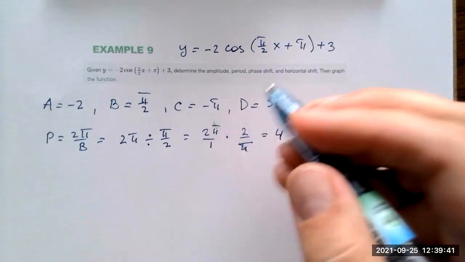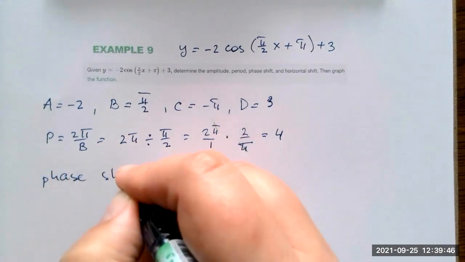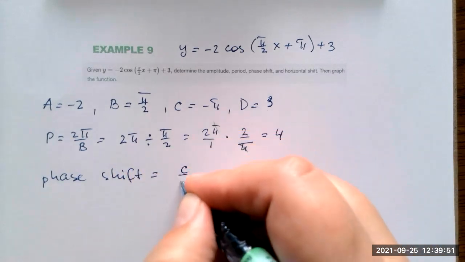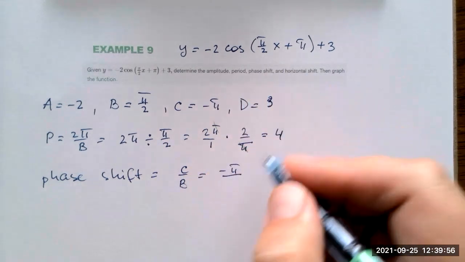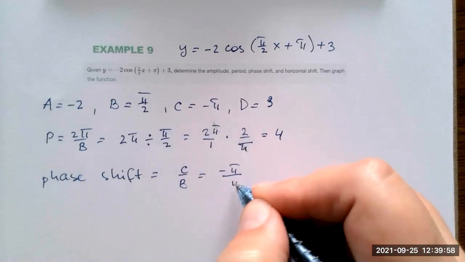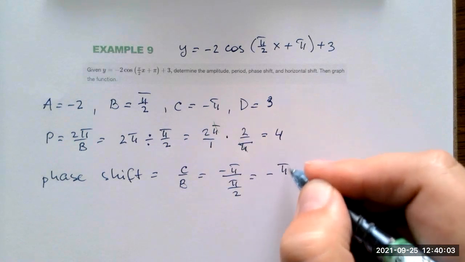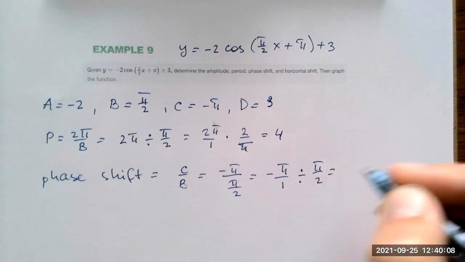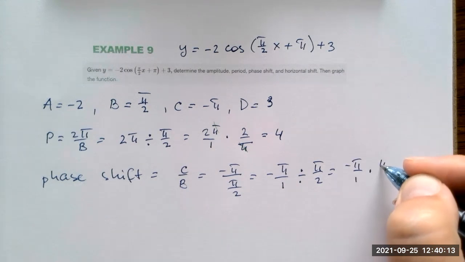Let's talk about the phase shift. The phase shift is C divided by B. So we have negative pi divided by pi over 2. Again, I'm going to rewrite it as negative pi over 1 divided by pi over 2, and then flip the fraction.